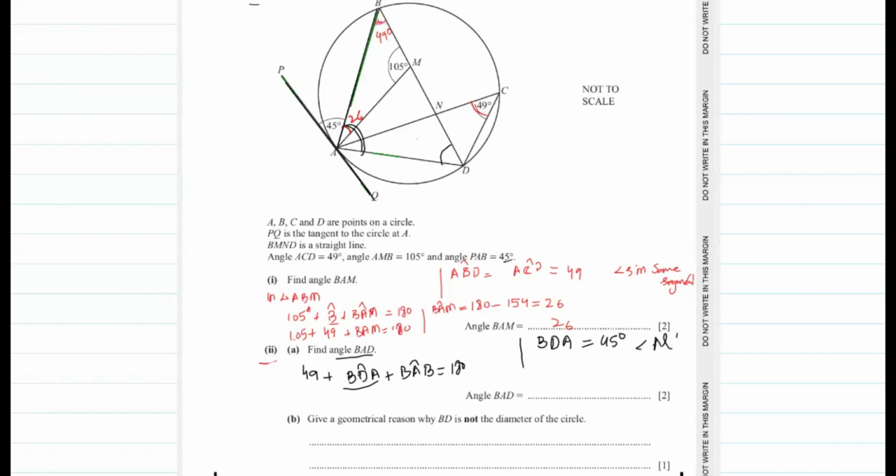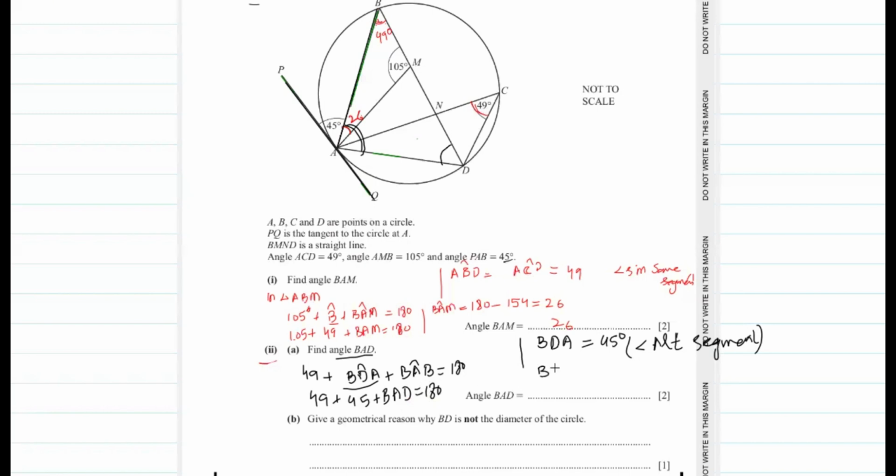We write angle in alternate segment. This is the property we use here. And according to this value it becomes 49 plus 45 plus BAD equal to 180.